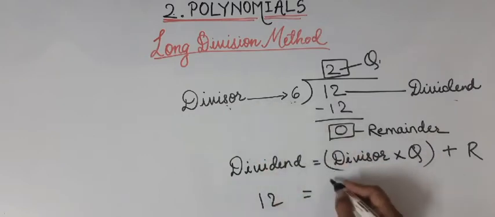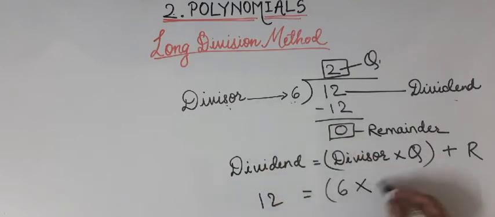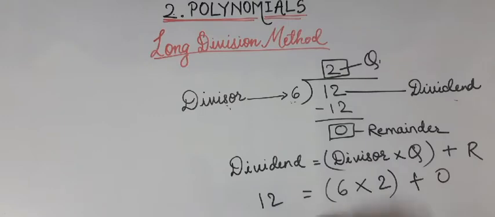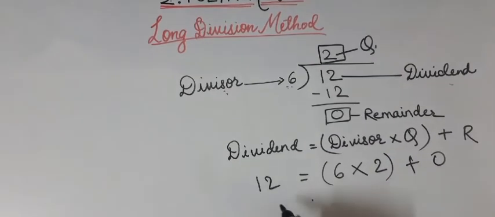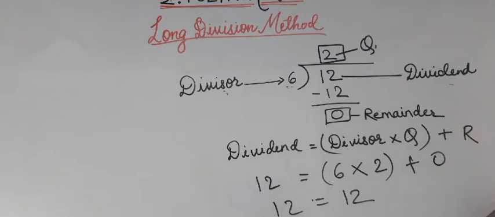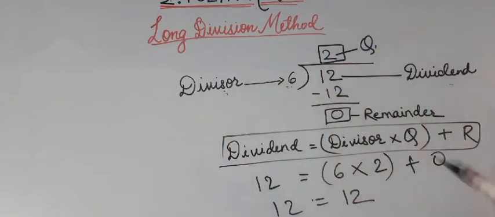What is your divisor? 6, into, what is your quotient? 2. And your remainder is 0. So you will get 12 equal to 12. Here we got remainder 0, but in some cases you may get a remainder. So that remainder, if you add it on this side, you will get the same as the dividend. So these concepts are clear. This is important and the terms are important.